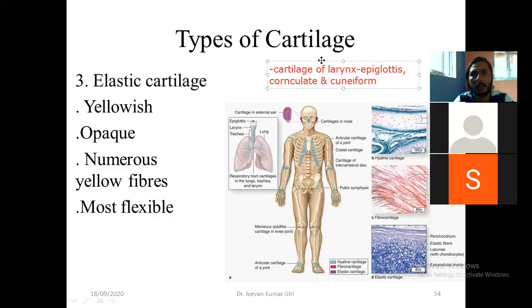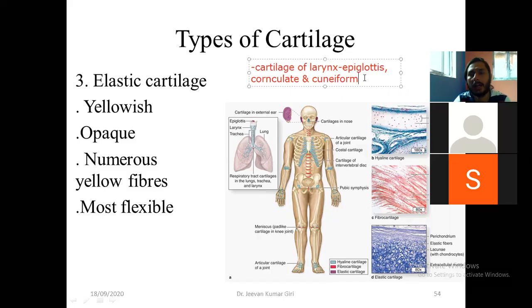So they are the elastic cartilage present in the larynx. Better write some cartilage, okay, some cartilage of larynx. So epiglottis, corniculate, and the cuneiform.